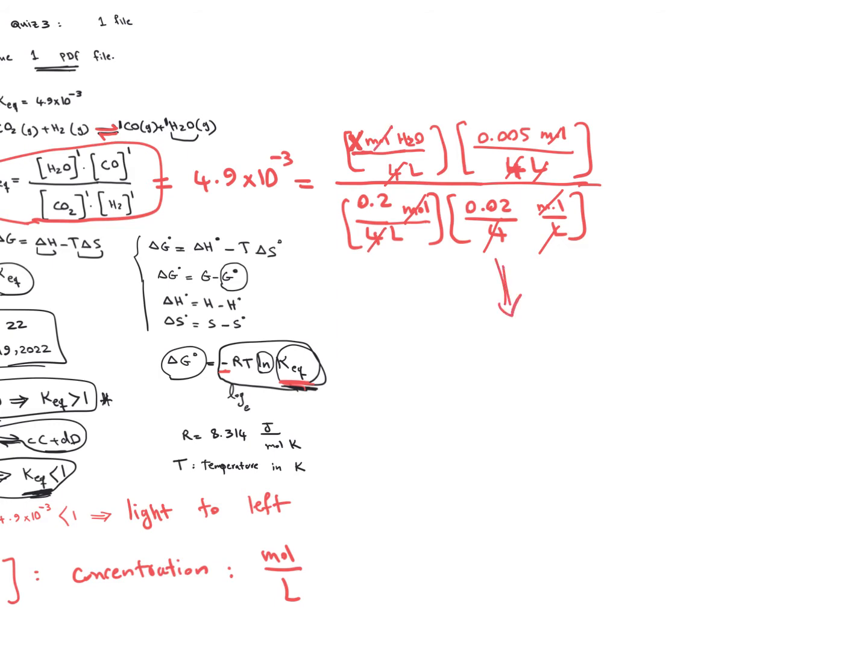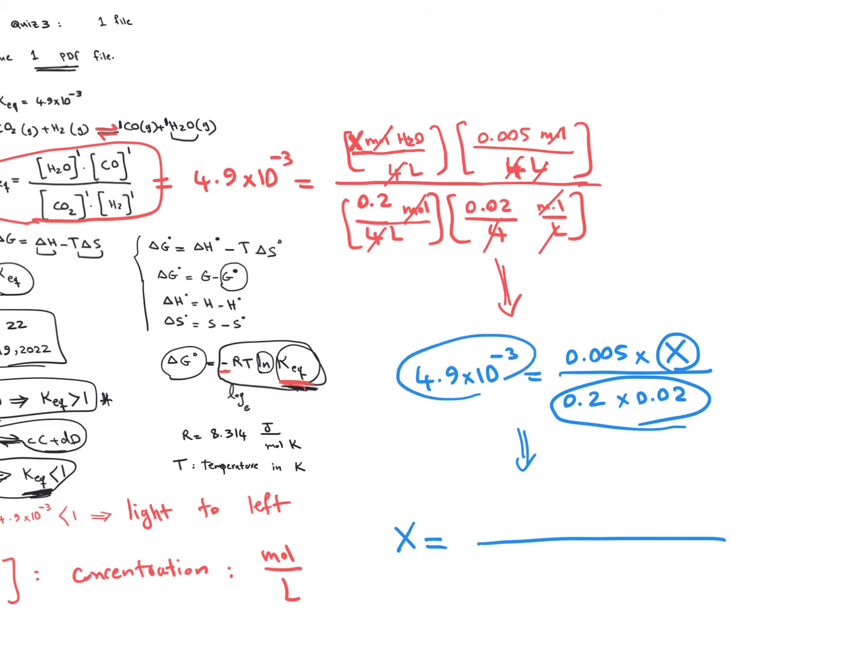So this is equivalent to 4.9 multiplied by 10 to the power of minus 3 equals 0.005 multiplied by X divided by 0.2 multiplied by 0.02. You remember that when we want to find X, it would be the part that is known divided by the coefficient of the unknown.